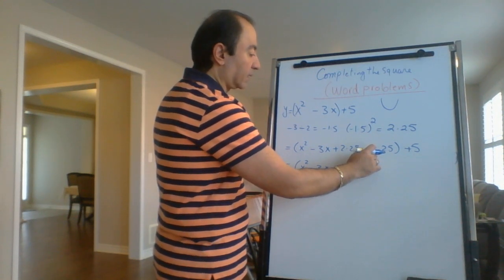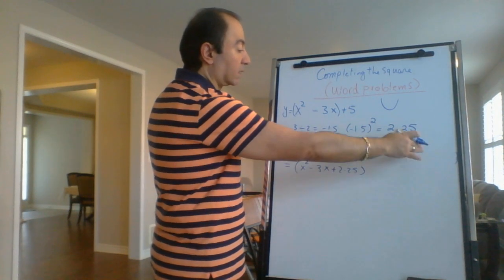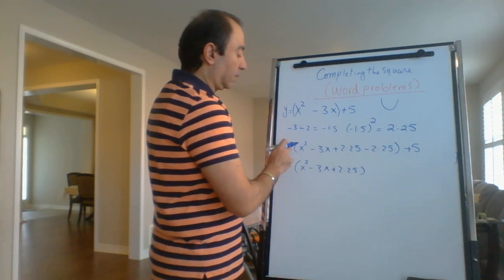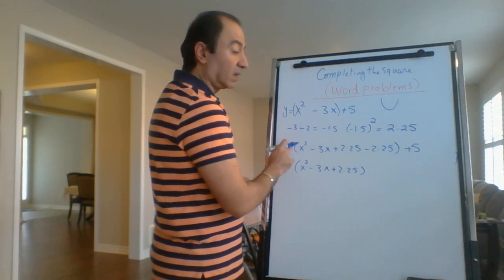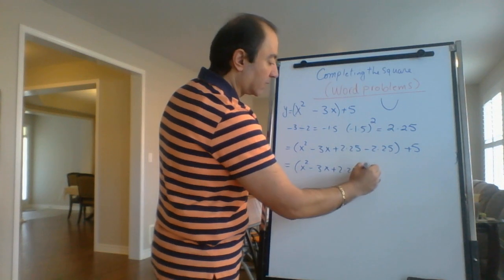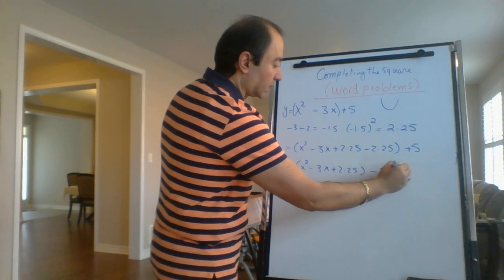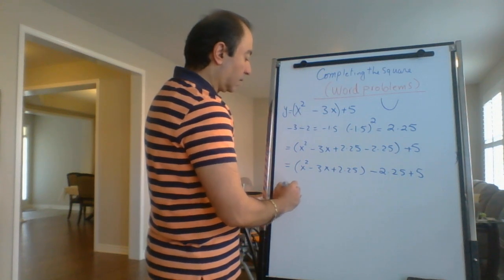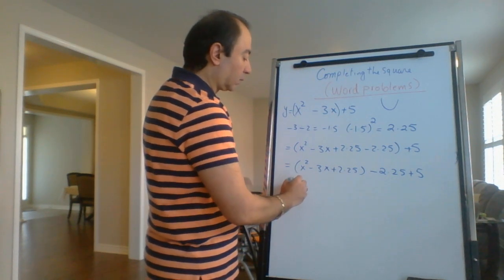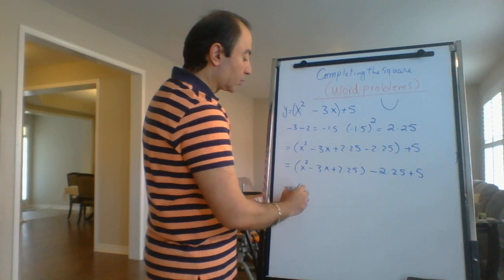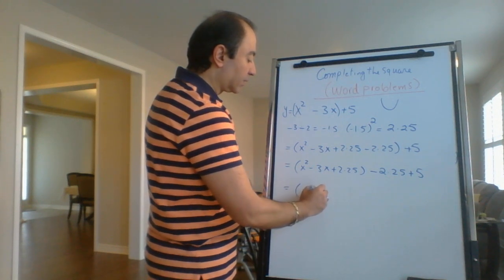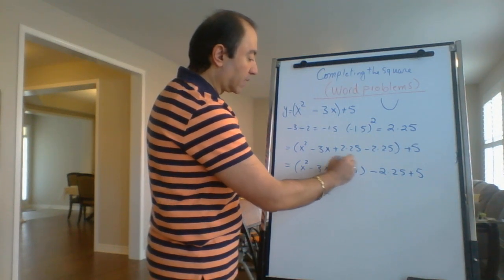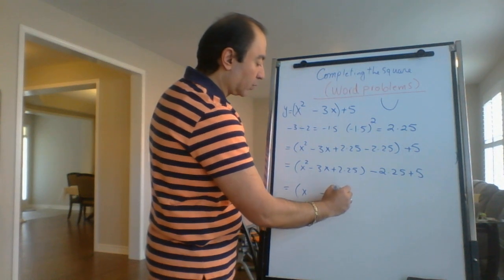I will take the negative value outside after multiplying it with a, but a is 1, so I will just take the negative value. Then this is a perfect square, so I will factor the perfect square: square root of the first, sign of the middle, square root of the third, which is 1.5.